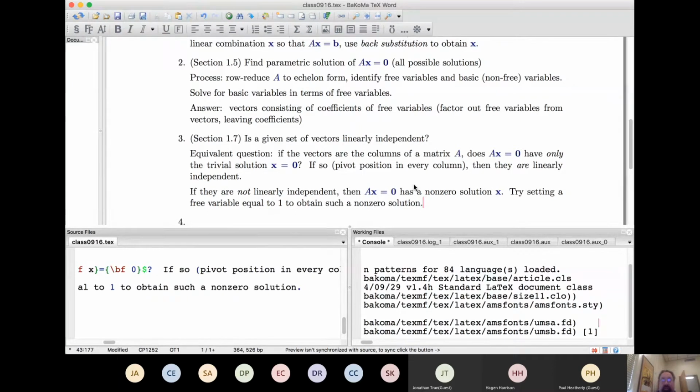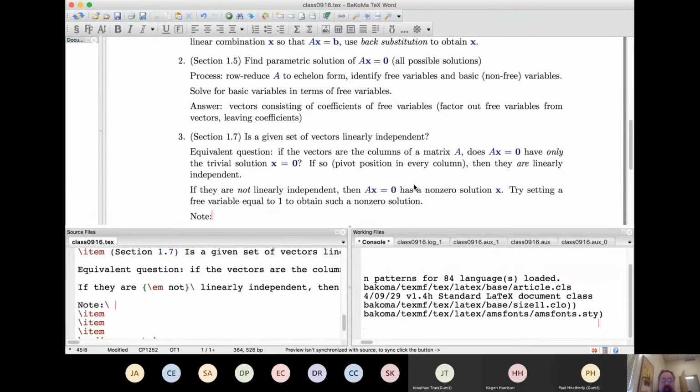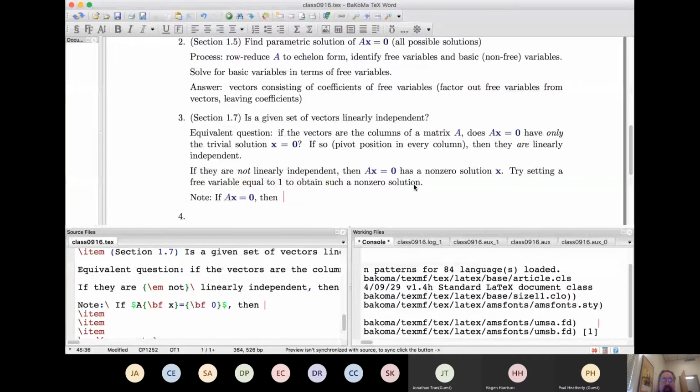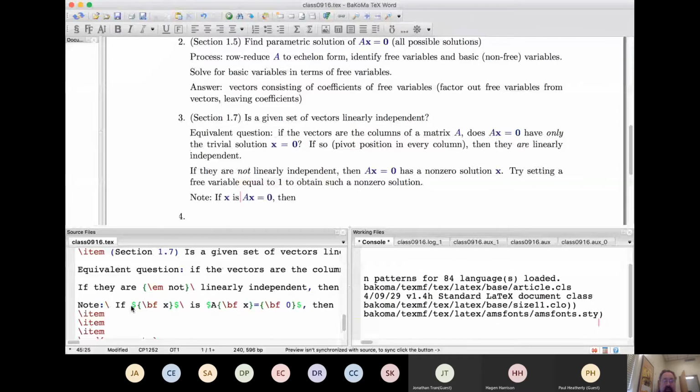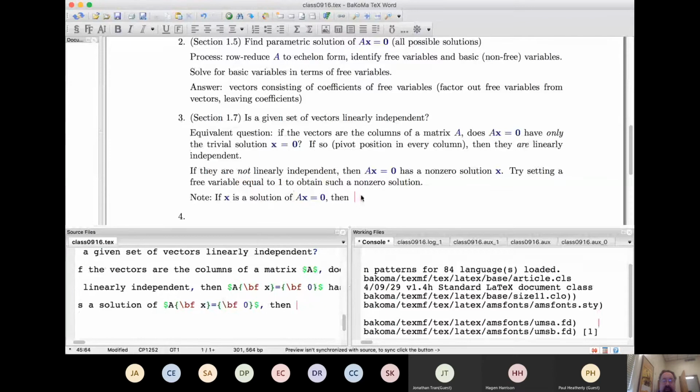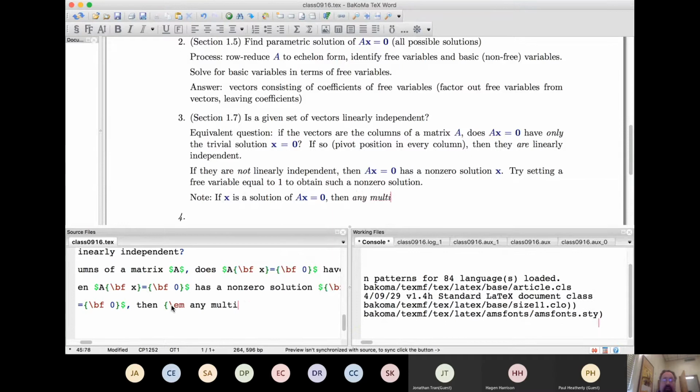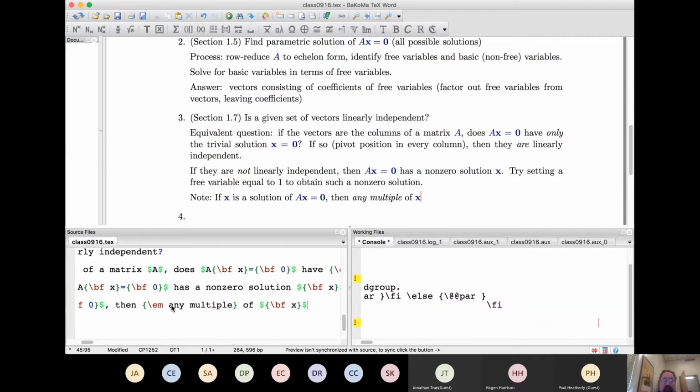The other thing I want to point out is, if Ax equals 0, and x is a solution, then any multiple of x is also a solution.